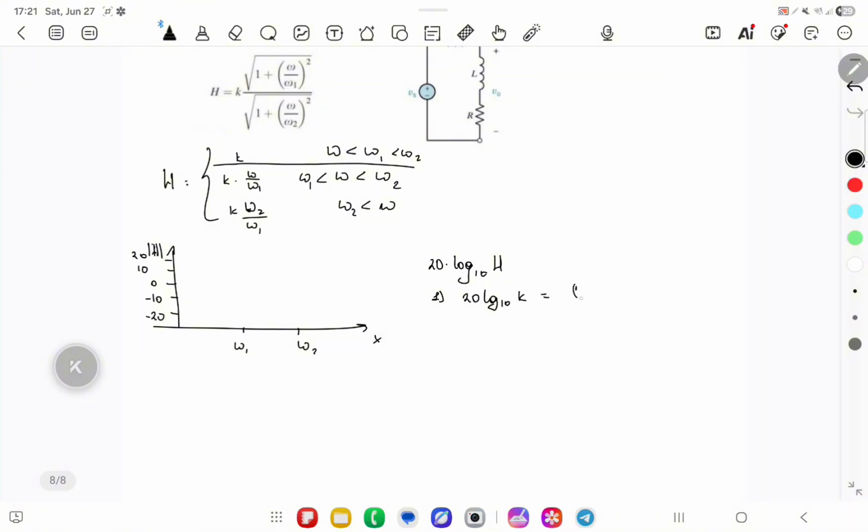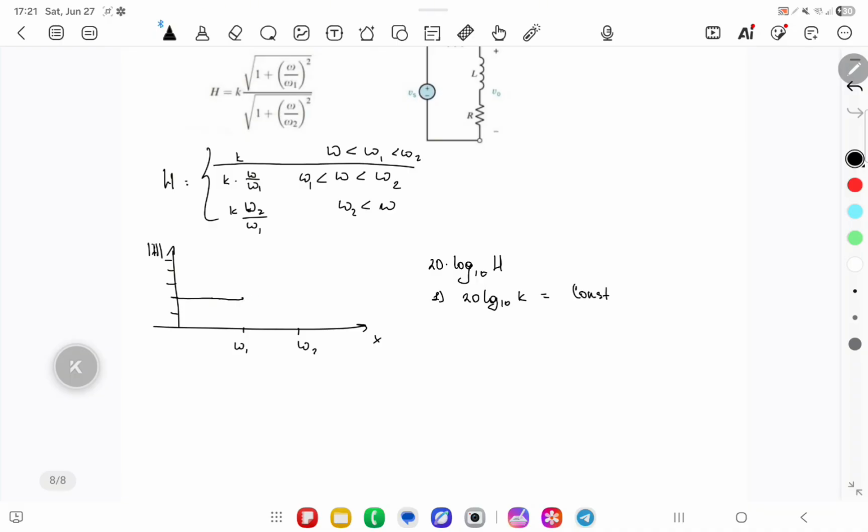And this is nothing else but a constant. So we express a constant as a straight line. So for a moment, let's forget about these values because they'll kind of confuse us. And we'll draw a straight line up to the point where we reach omega 1.